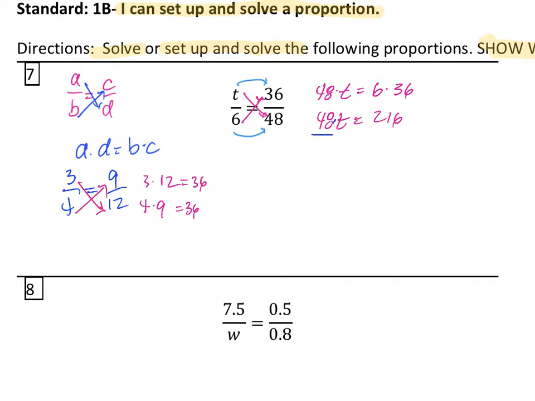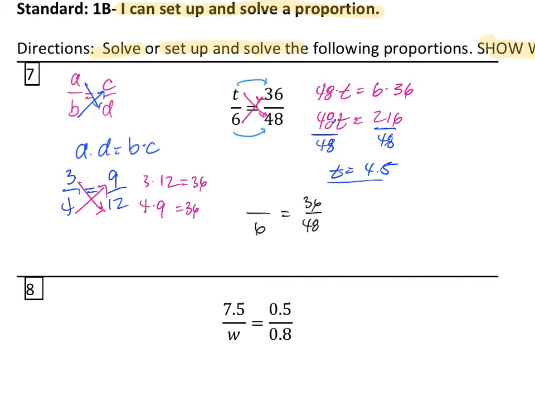To undo the multiplication, we divide by 48, and we get that t equals 4.5. And if we look at that proportion, we started out with something over 6 equaled 36 over 48, and we're going to put 4.5 in there.